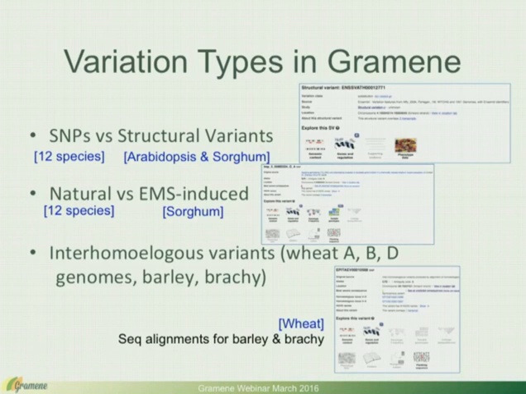The majority of these fall under naturally occurring variation, but we also offer mutagenesis-induced variants for sorghum. The last type of variation that we have is interhomeologous variants, where the components of the wheat genome have been aligned with each other, as well as barley and Brachypodium, to identify nucleotide level variants.